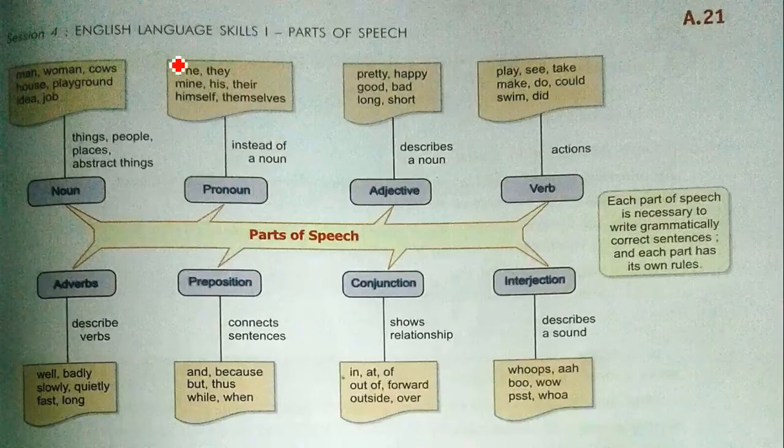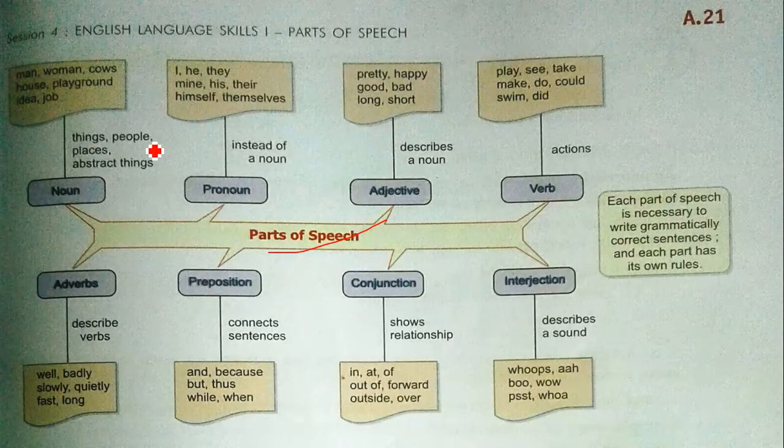Here are English grammar's parts of speech in branching form, and each part of speech is necessary to write grammatically correct sentences, and each part has its own rules. The first is noun: man, woman, cow, house, playground, idea, job.